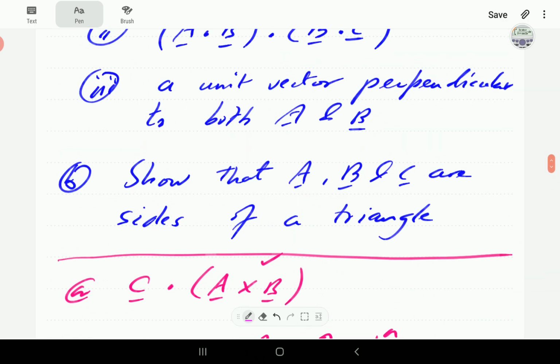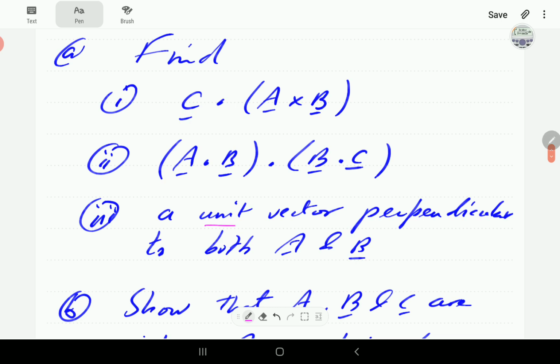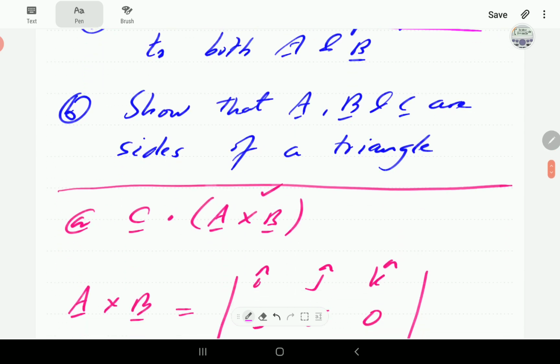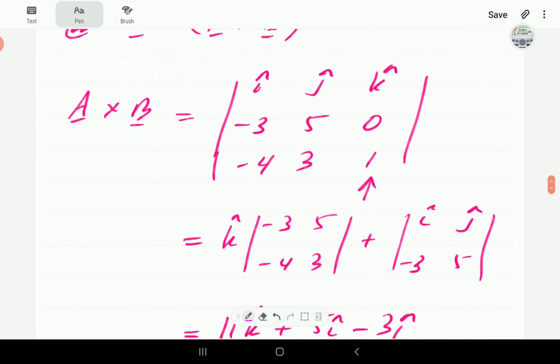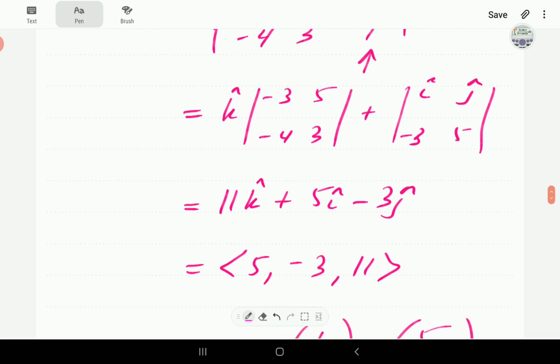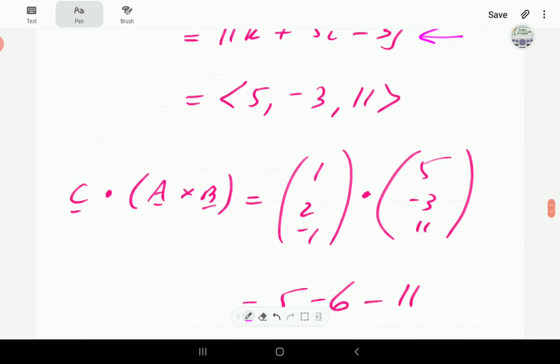Part 3, we want a unit vector perpendicular to both A and B. So first of all, we need to find a vector perpendicular to A and B. From the previous video, we've already mentioned that the cross product of A and B is going to be perpendicular to both of them. So that means the unit vector we're looking for is going to be in the direction of this vector here.